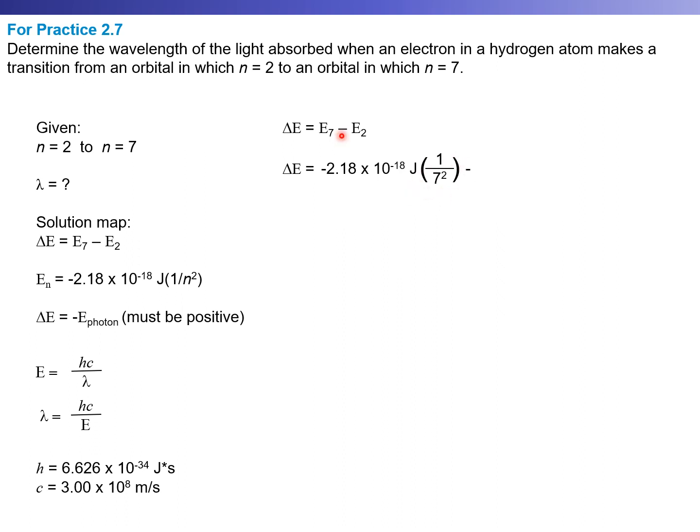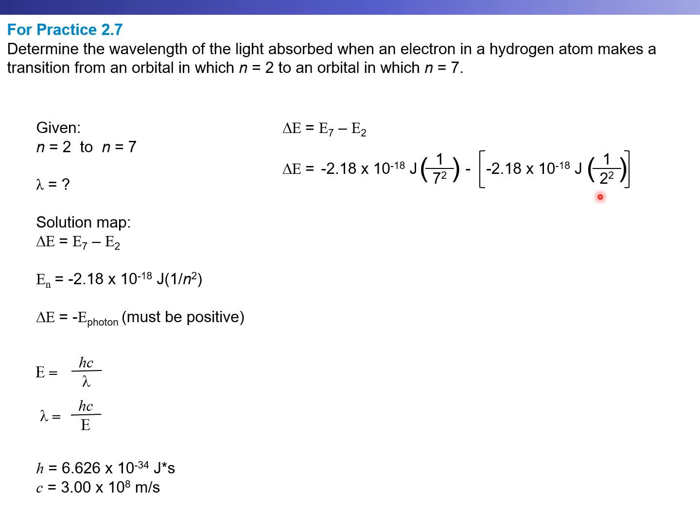And then we're going to subtract this same calculation except for the second principle. And because this is a negative number in front, I'm going to go ahead and put all of that in brackets just to keep everything really clear. So here's, it's going to minus our negative 218 times 10 to the negative 18 joules over 2 squared.